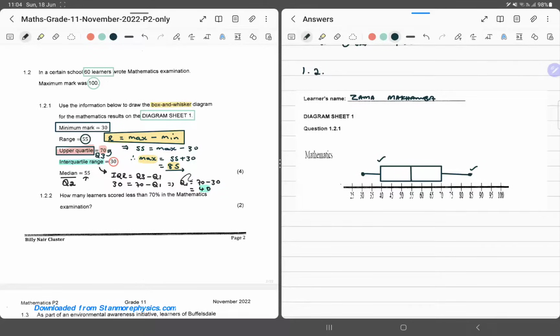We got Q1, we've got the maximum value, that's it. And then we can say here, how many marks were we getting? 4 marks. We can get a mark for knowing where to position it.